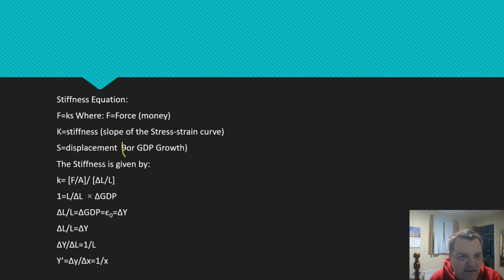Delta L over L equals delta GDP is equal to E naught is equal to delta Y. Delta L over L equals delta Y. Delta Y over delta L equals 1 over L. So Y prime is equal to delta Y over delta X is equal to 1 over X. So if Y prime is equal to 1 over X, Y is equal to ln X.